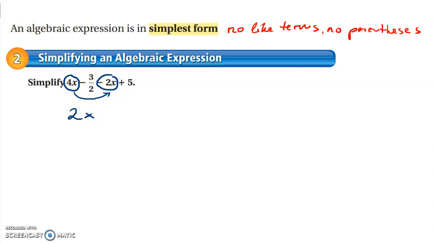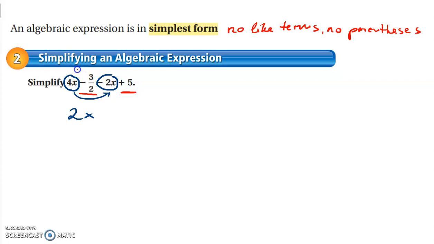And then we've got the constants, that is negative 3 over 2 plus 5. Now you can either convert 5 to be a fraction over 2, which would be 10 over 2, and then subtract that. Or you could change this to a decimal and make that 1.5, whichever is easier for you.